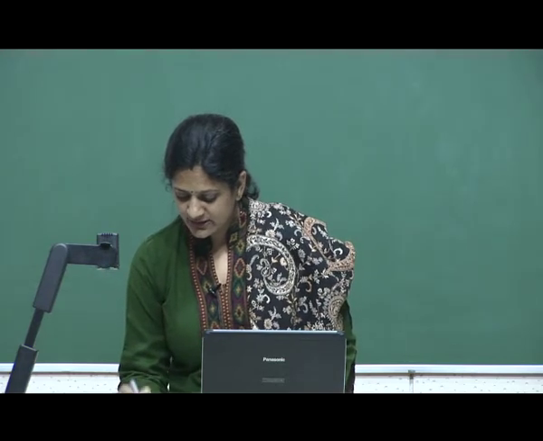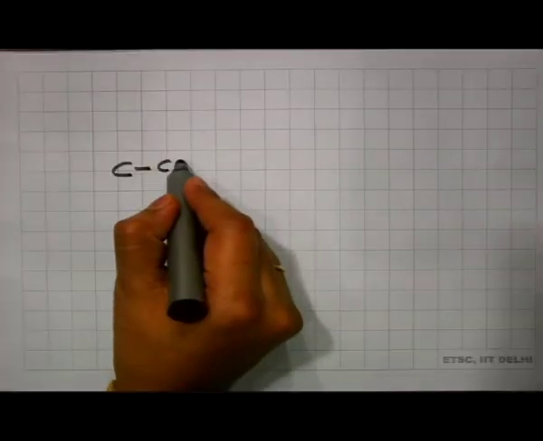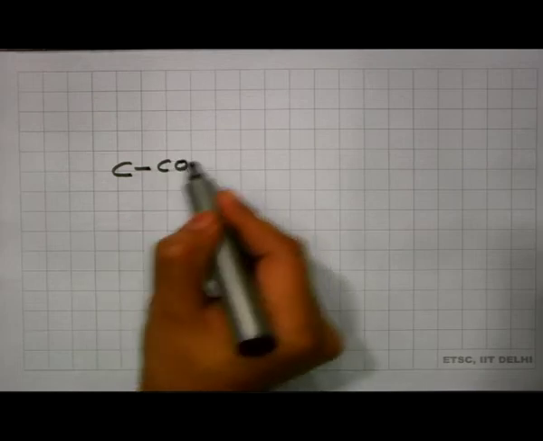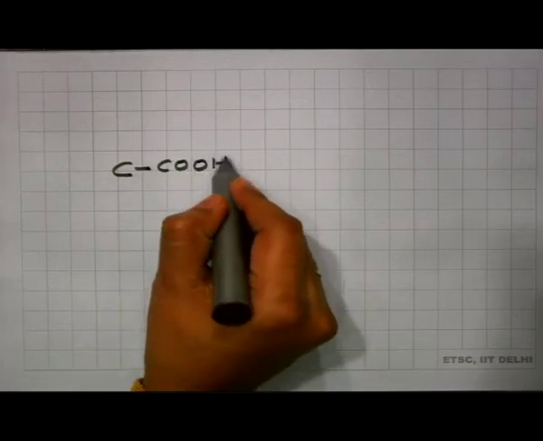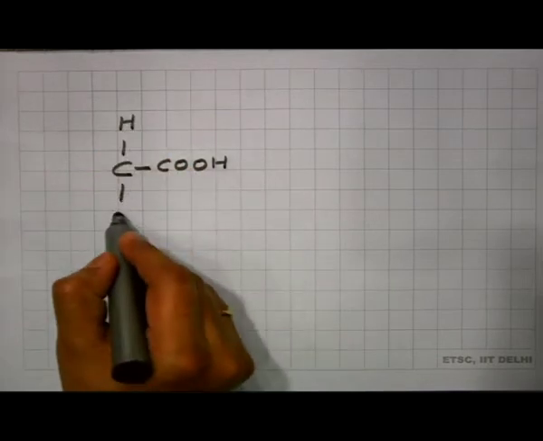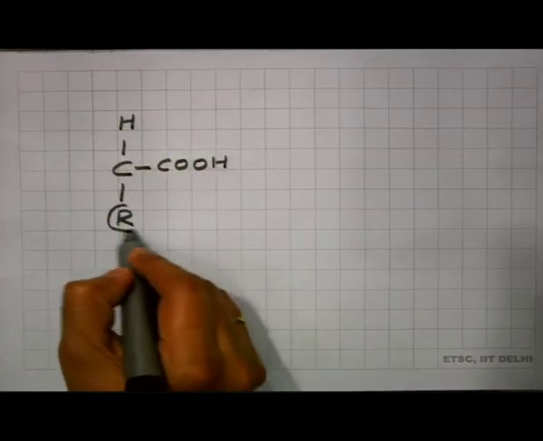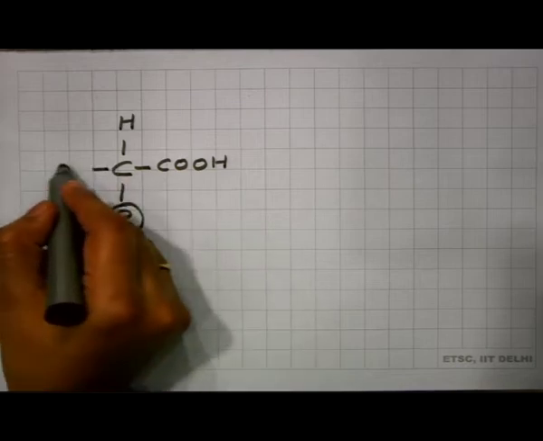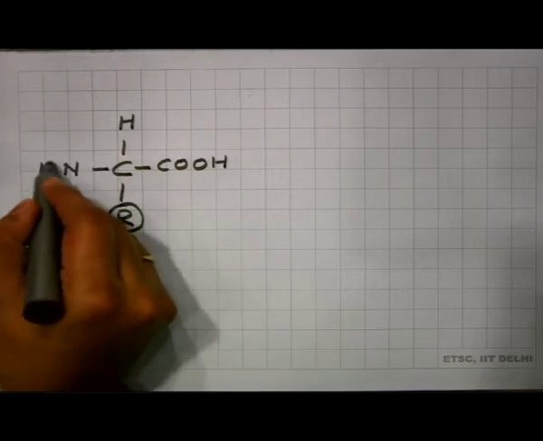So, this is the center carbon, here the COOH group is there, hydrogen, R group, R is variable in nature, and here is the amino group.